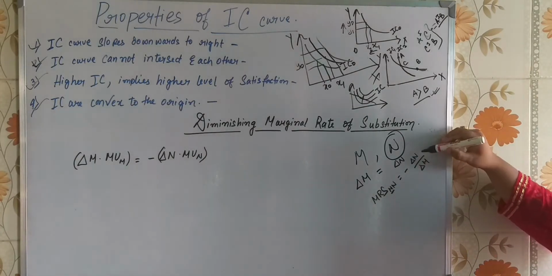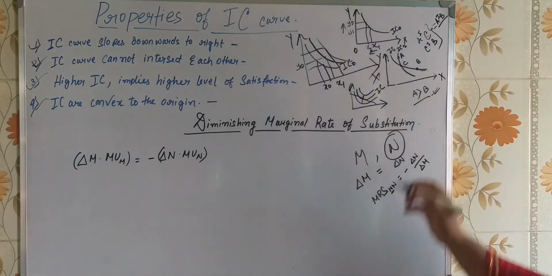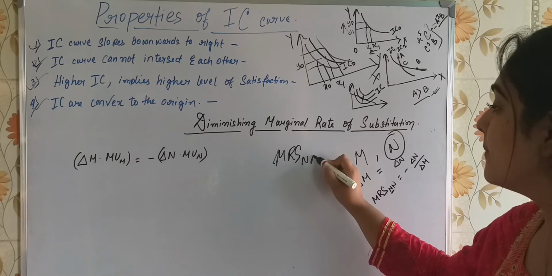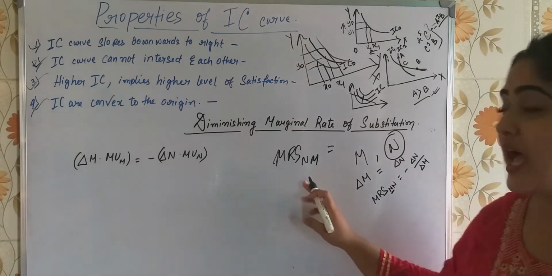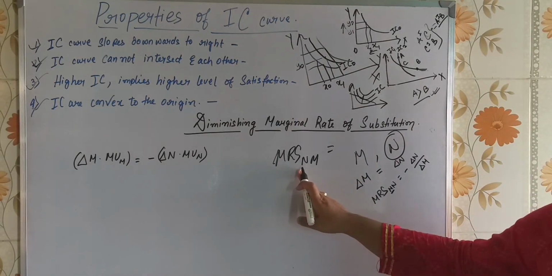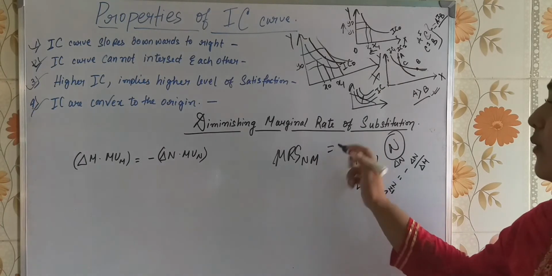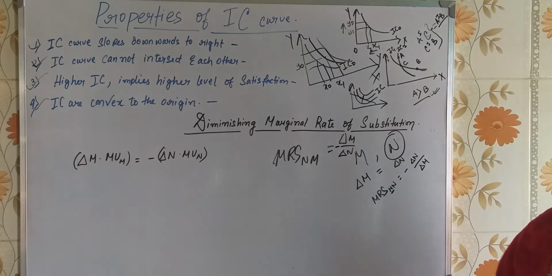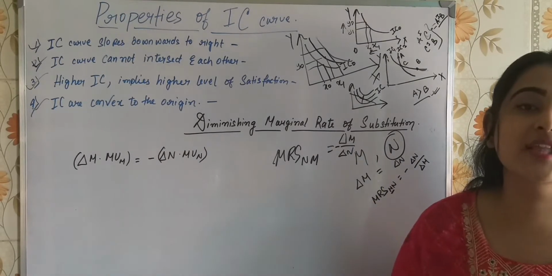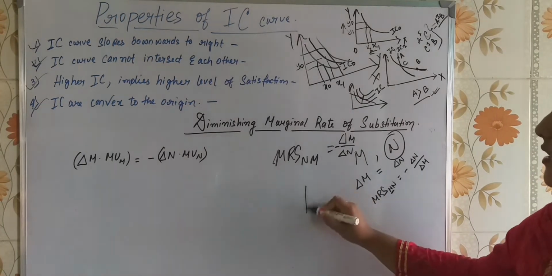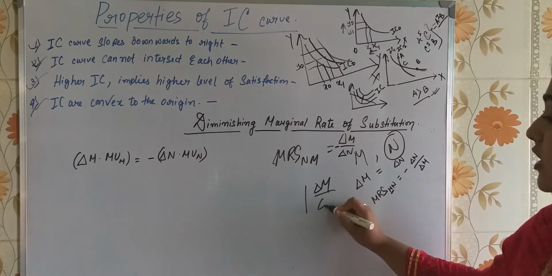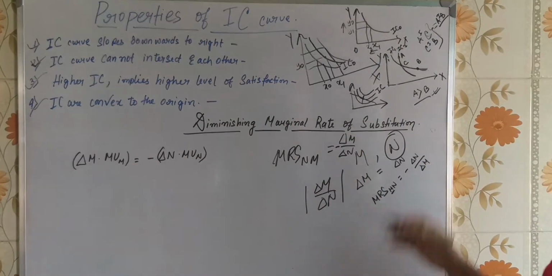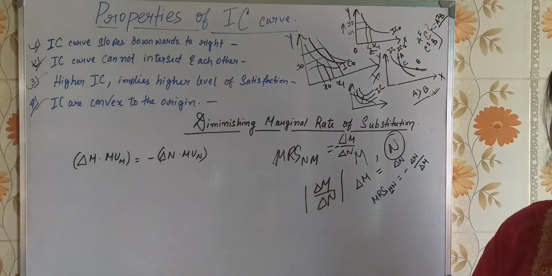Then we write it as del N by del M. Similarly, MRS of NM means how much you are willing to sacrifice M for increasing the consumption of N. We write that as del M by del N, and the negative sign must be there. But while writing the answer, we consider it within the mod value so you can omit the negative sign. But while you are writing the formula, do write the negative sign.